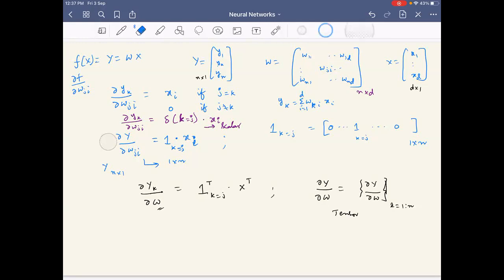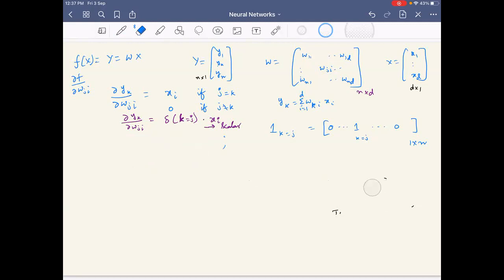Now let us see the other derivatives. We want to find the derivative with respect to the matrix elements for the whole vector Y now. So ∂Y/∂Wji, with respect to a particular element only, but for all components of Y. What happens in that case?